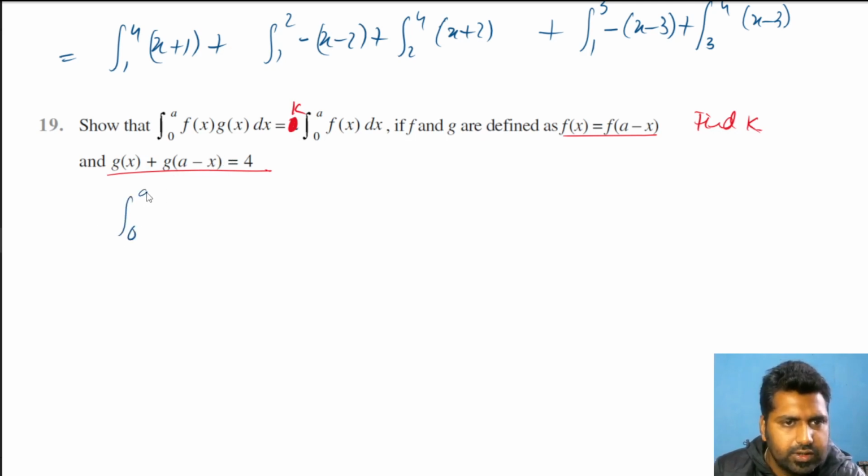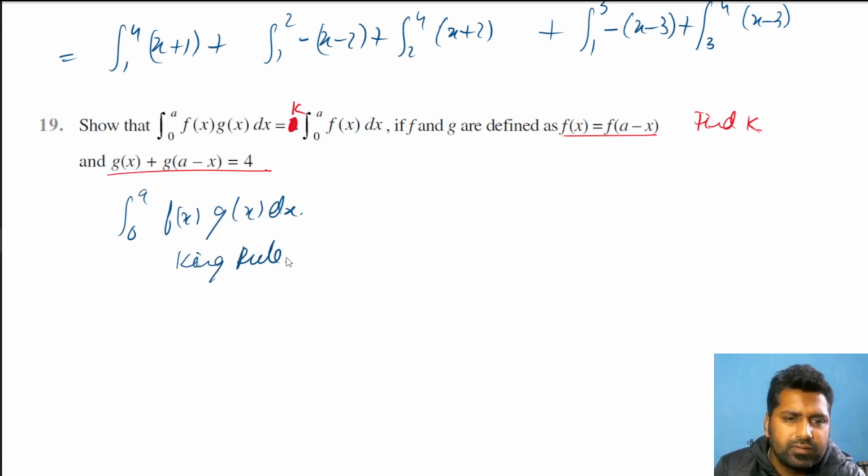So let's start with integral 0 to a. I'll start from here, generate this, and see what factors come in. Integral 0 to a of f(x) g(x) dx. I have to do this; I cannot think of anything else. Again, one property to save us all, King rule.